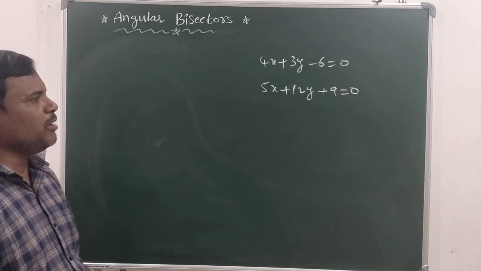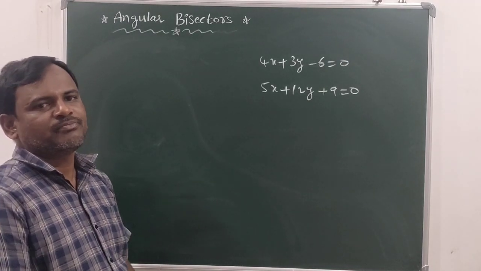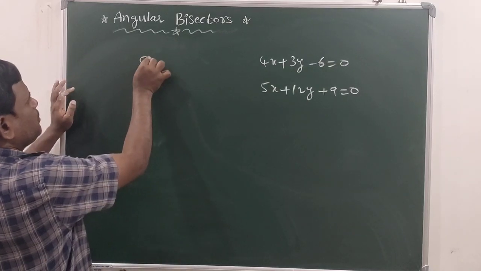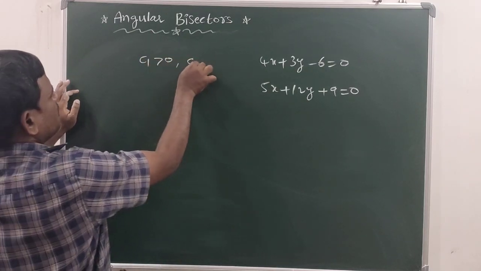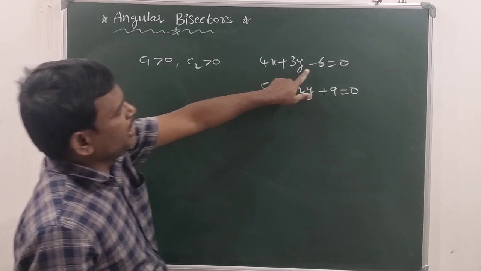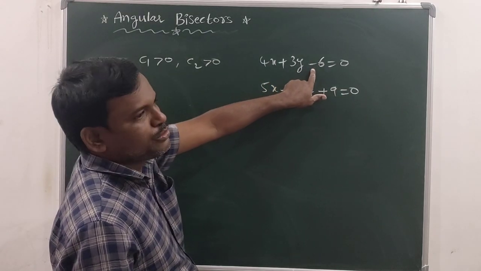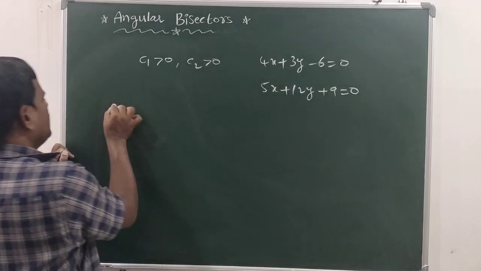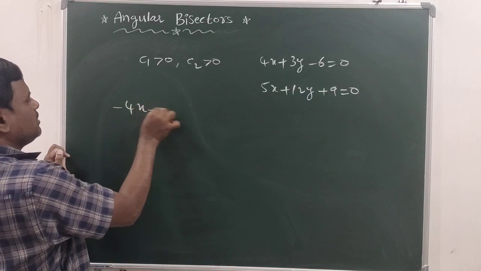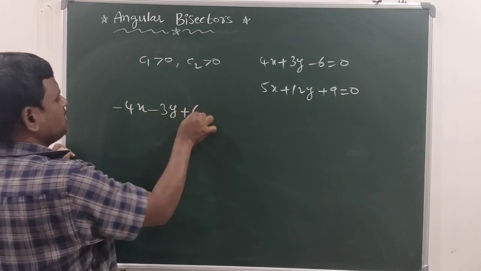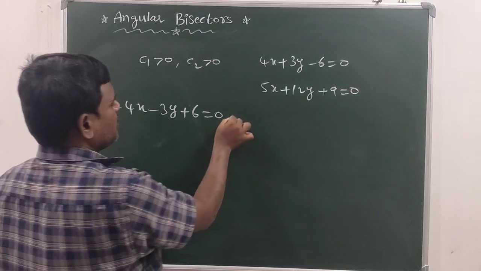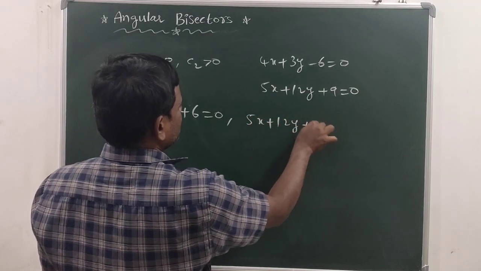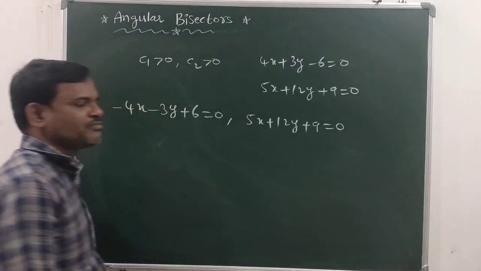First, find the acute angle bisector and obtuse angle bisector. So first make C1, C2 positive. Here negative is given, so make it positive by multiplying both sides by minus. You will get minus 4x minus 3y plus 6 equal to 0, and here 5x plus 12y plus 9 equal to 0.